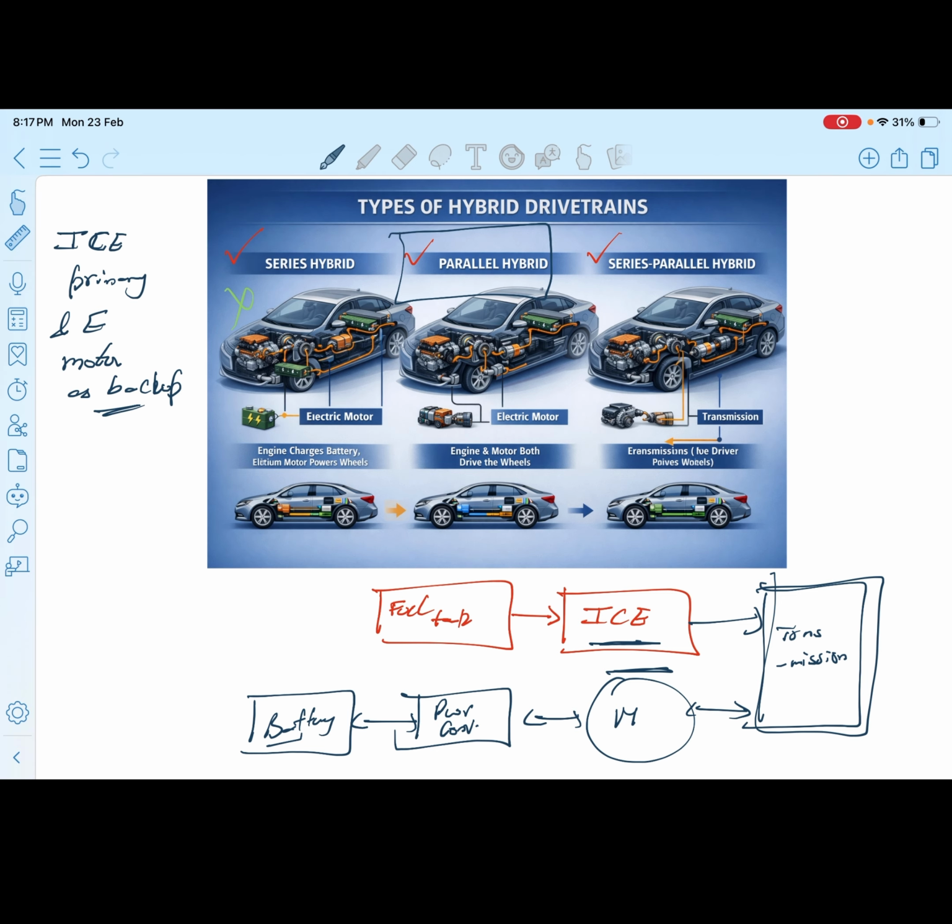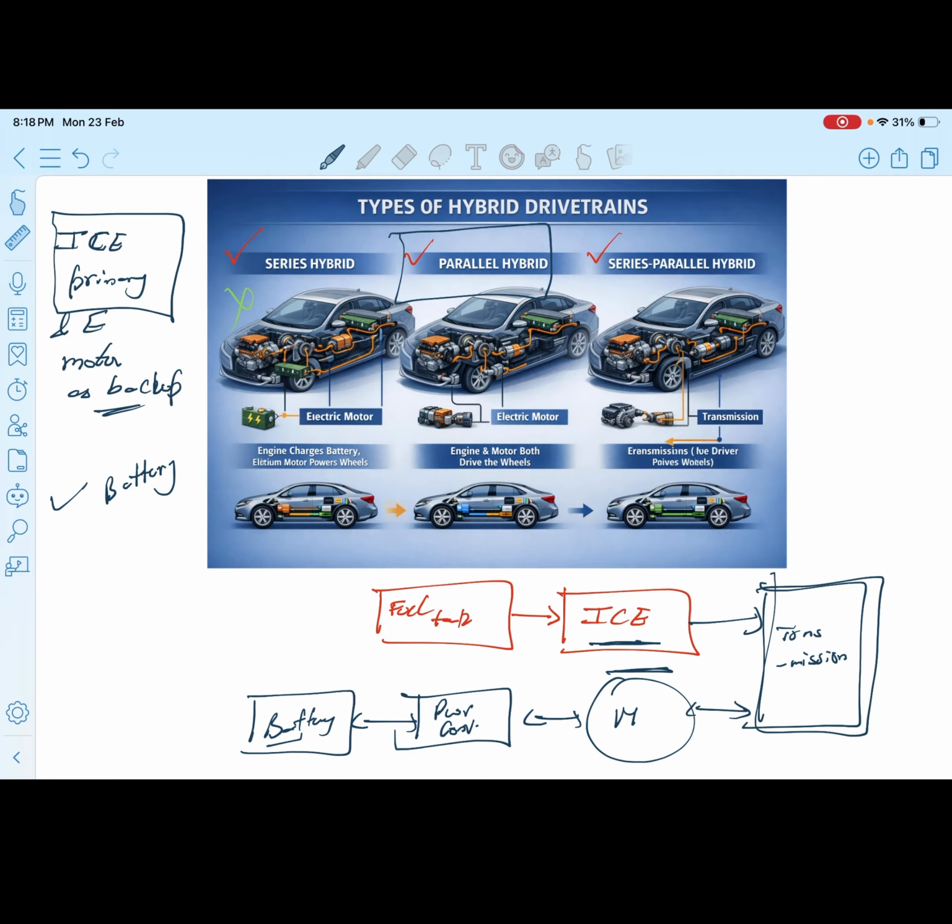One big advantage is that since your ICE is primary, you need a smaller battery. So if you're looking for something lighter weight, or you have less space, then going for a parallel hybrid would be the best thing in terms of battery. That also means reduced cost of the battery.